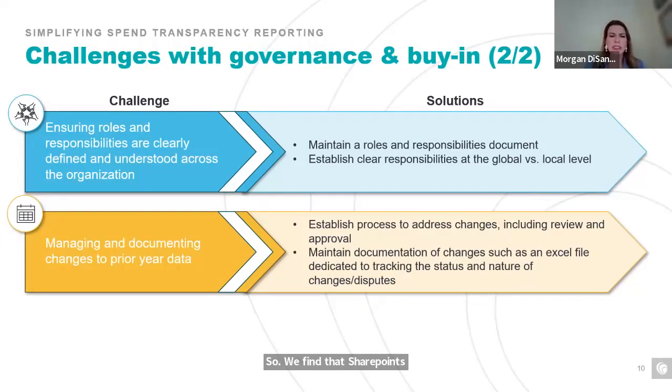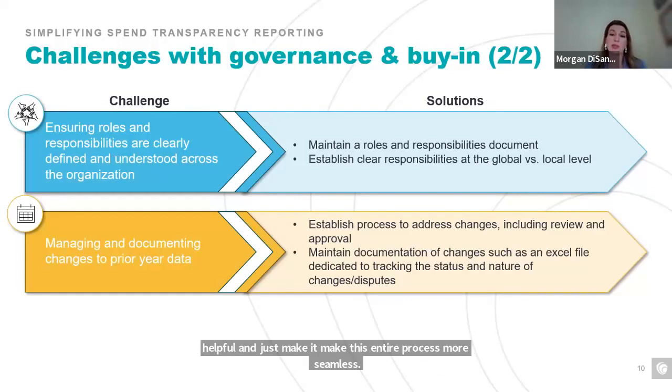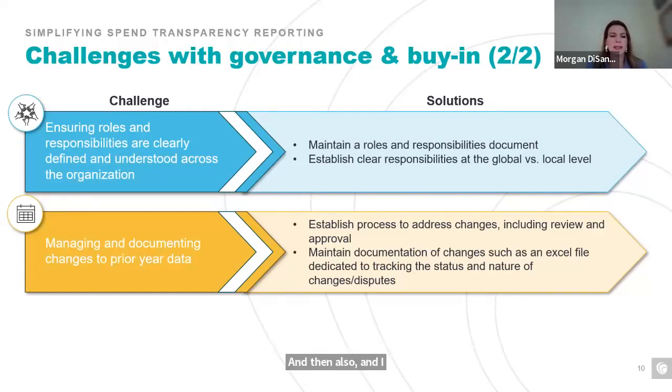And then as it relates to keeping track of critical tasks, we're thinking perhaps of using some sort of project management software such as Smartsheet, or even Teams planner apps can be quite helpful and just make this entire process more seamless. And then also, what's really important is establishing good data retention habits.